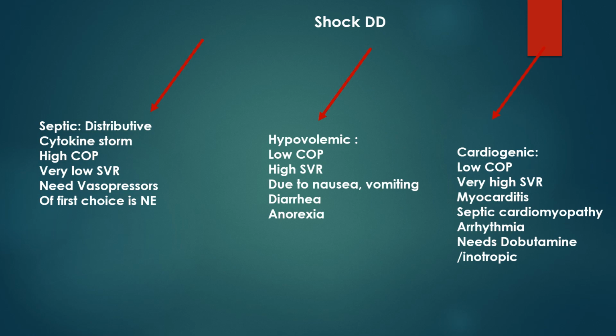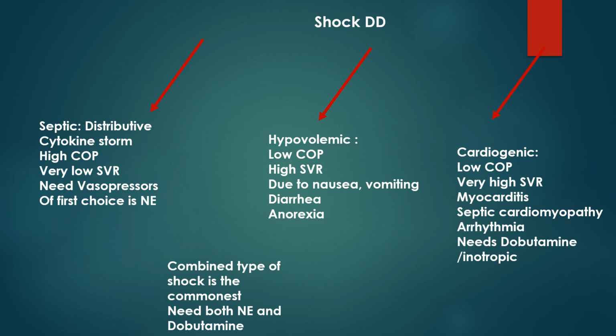The most common reasons for cardiogenic shock in COVID-19 are myocarditis, septic cardiomyopathy, and arrhythmias. Again, what they need is inotropes, dobutamine, levosimendan, amrinone, milrinone, whatever inotropic drug you might use. Combined types of shock are also found to be common.